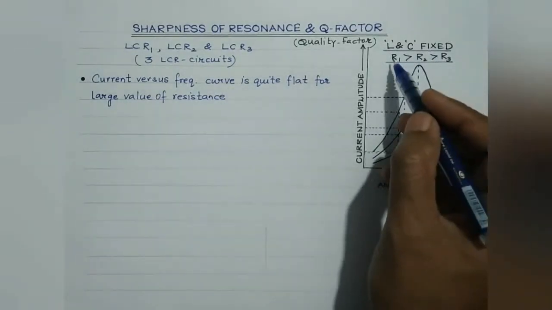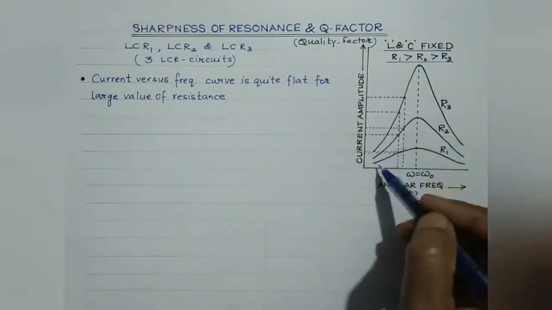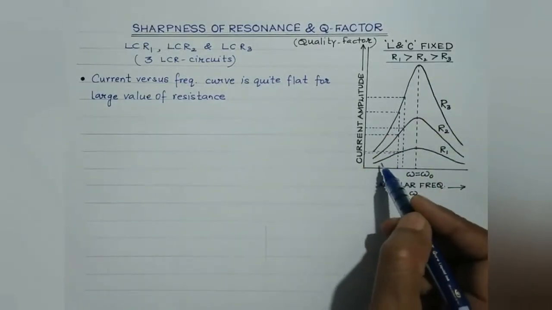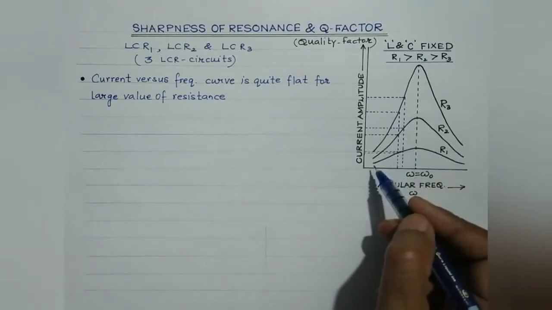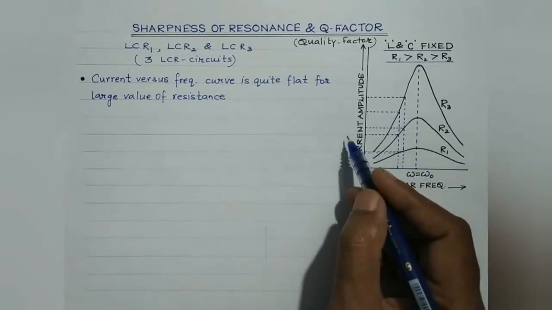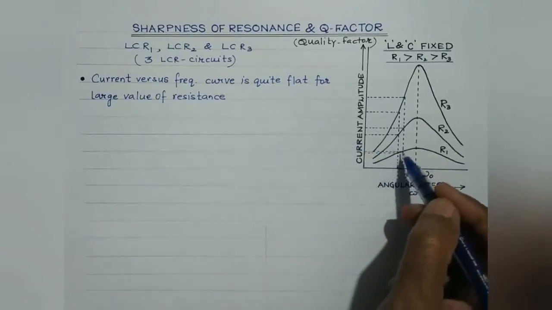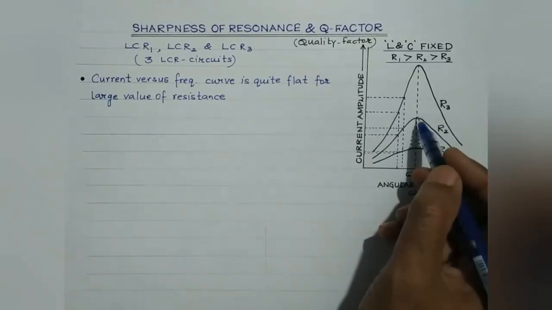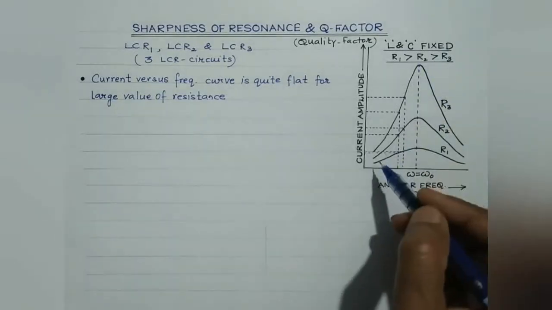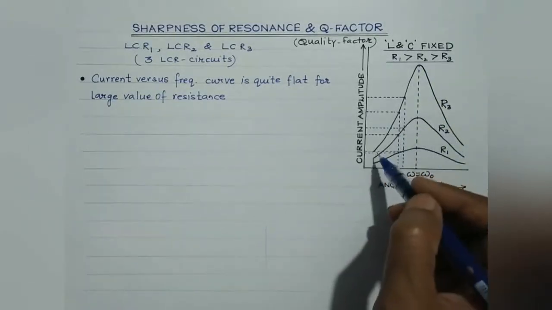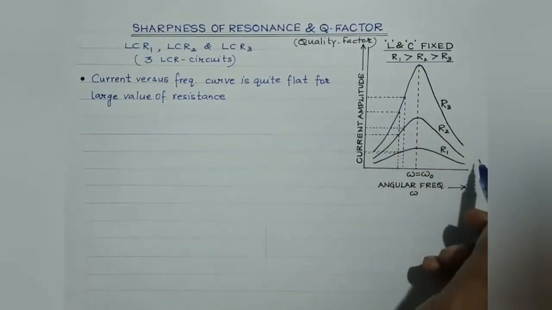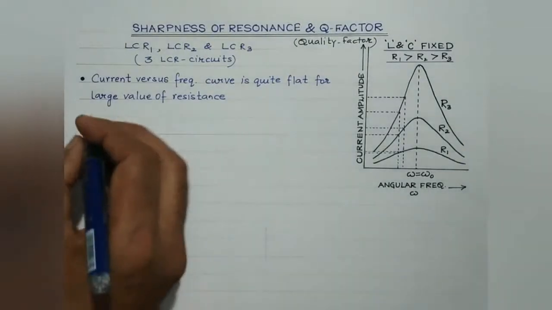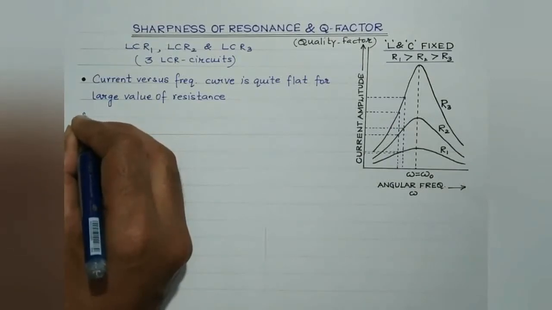So, for the LCR1 circuit, the R1 is maximum. So, correspondingly, the current flowing through the LCR circuit is quite less, and accordingly, the graph obtained between the current and the frequency is quite flat. Now, as the resistance R of the LCR circuit decreases, the graph is found to be more and more sharp, isn't it? So the graph becomes more and more sharp as the value of the resistance is decreased. So that's the second observation.